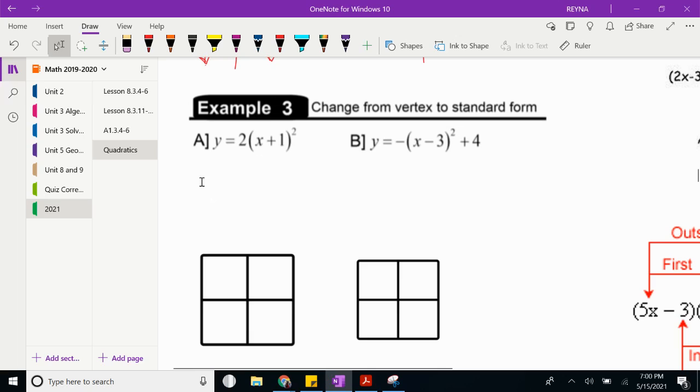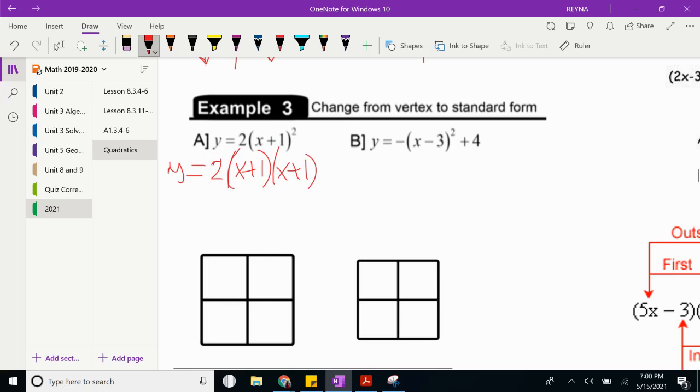So if we read this, y equals 2 times x plus 1 squared. If we remember squared, that means it's being multiplied by itself. So we put y equals 2, and then x plus 1, that's being repeated twice, x plus 1.